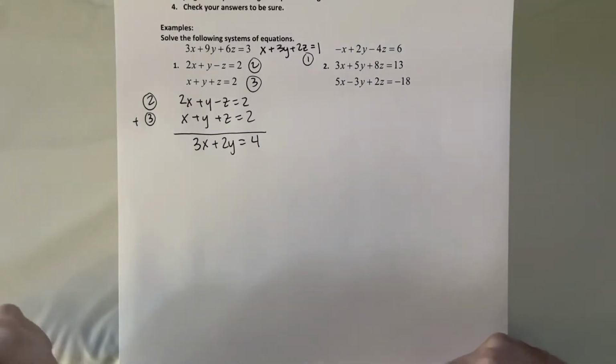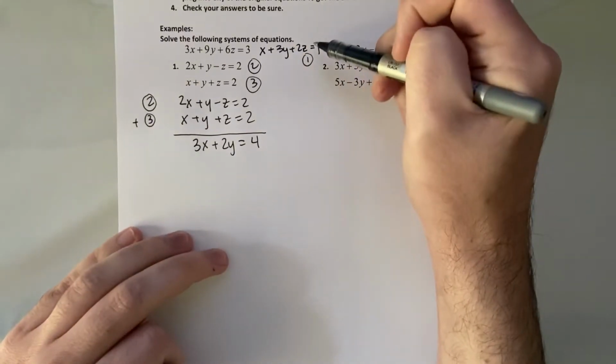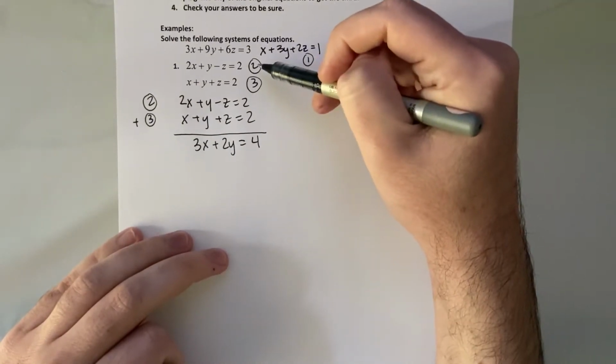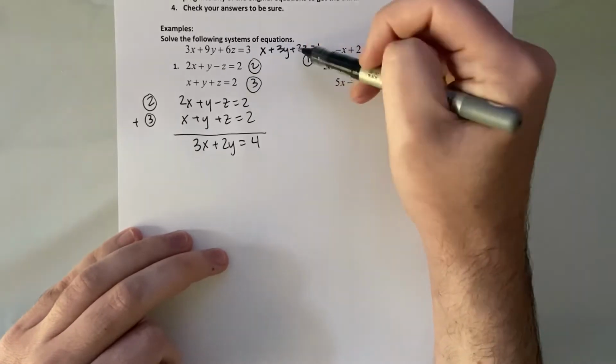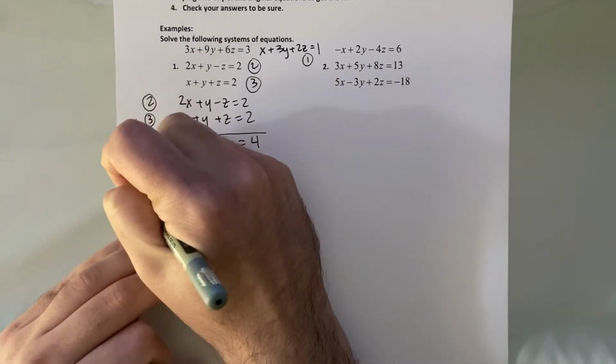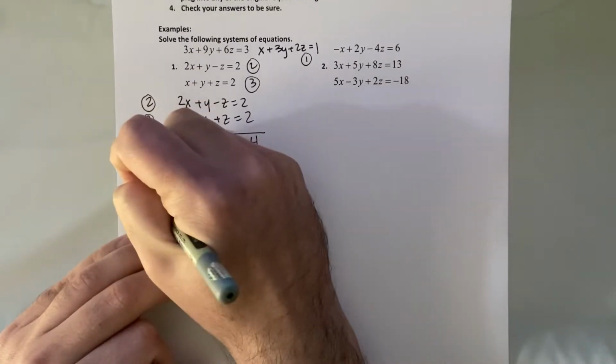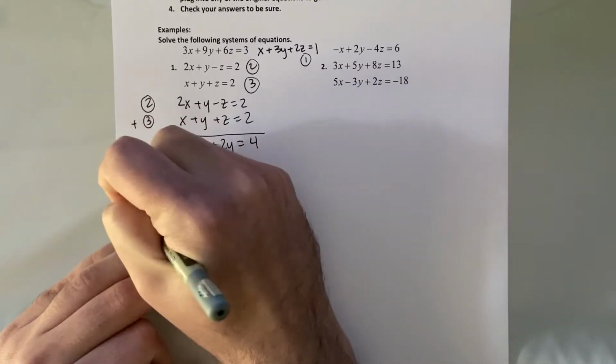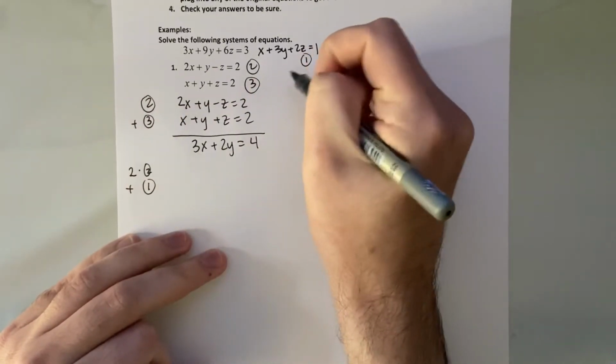Now I also know that I can multiply equation 2 by 2 to get the negative 2z to match up with equation 1. So 2 times equation 2 can be added to my reduced equation 1 here.